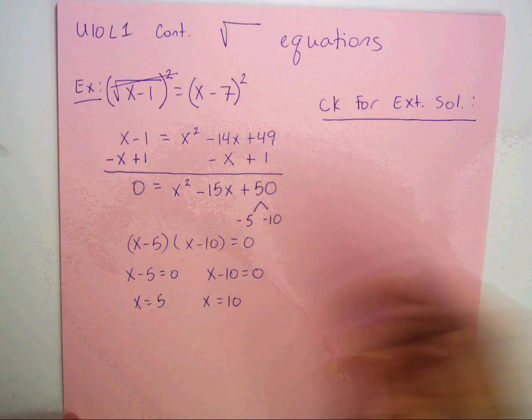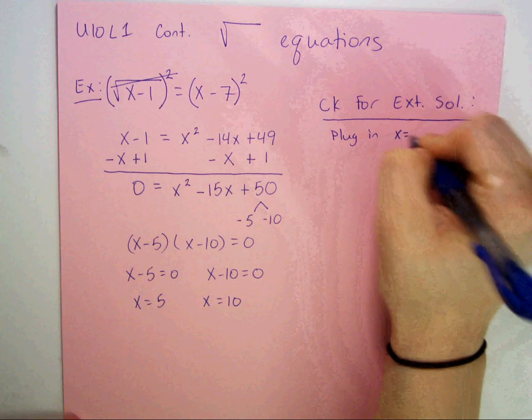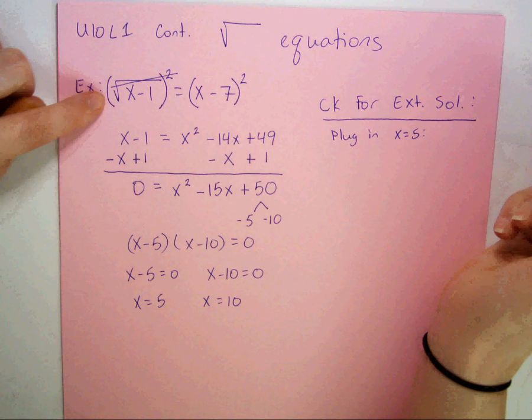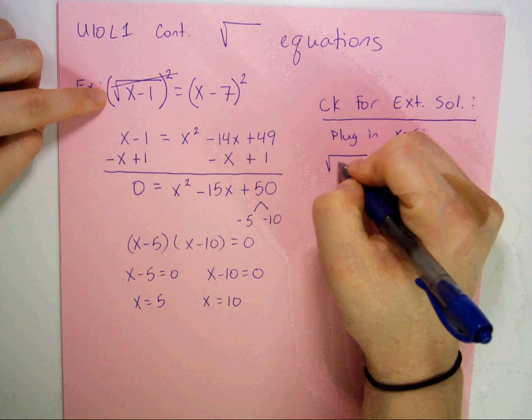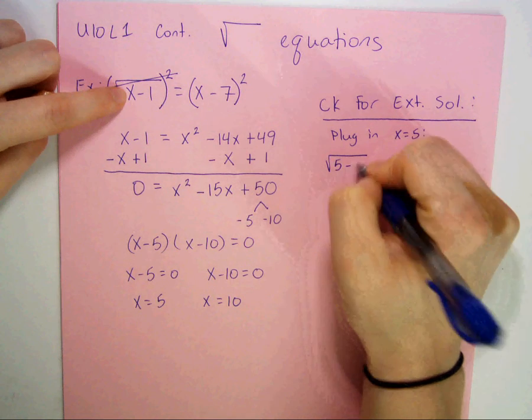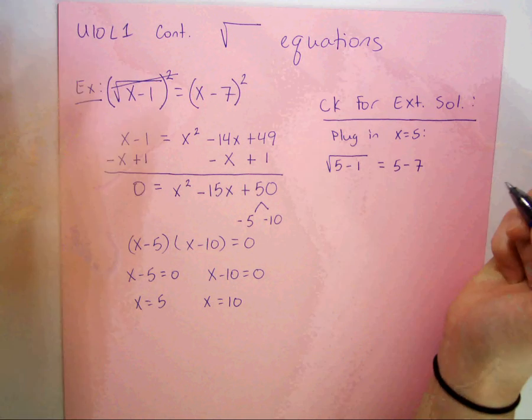So I'll start by plugging in x equals 5. So plug in x equals 5 to my original equation. And so I had the square root. In this case, x will be 5, so the square root of 5 minus 1 equals 5 minus 7.